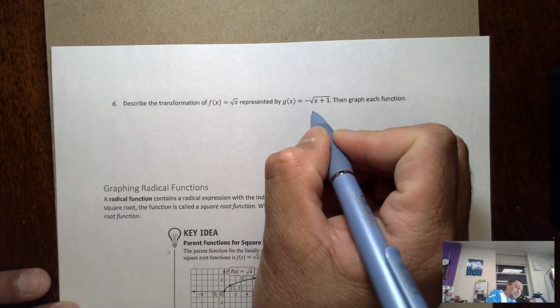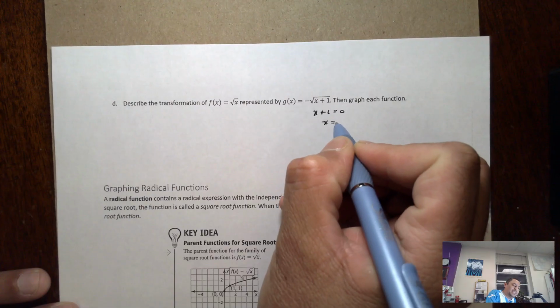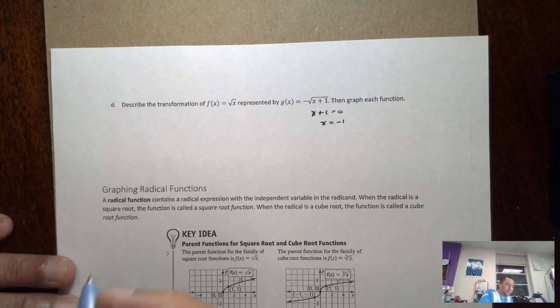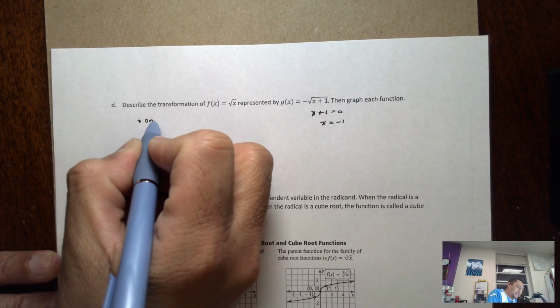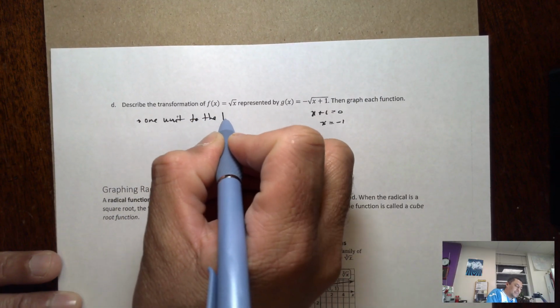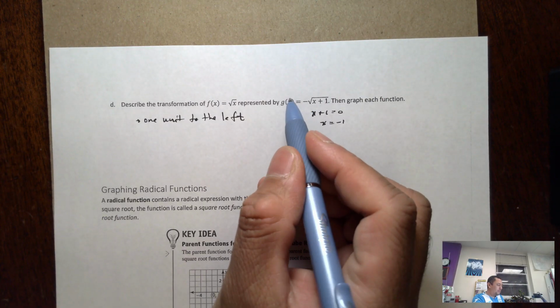Remember, what I'm going to do is x plus 1 equals 0, so x equals negative 1. So we're going to have a movement of 1 unit to the left. So I'm going to start here, 1 unit to the left. Okay, and then I have this negative in front of the radical, right?